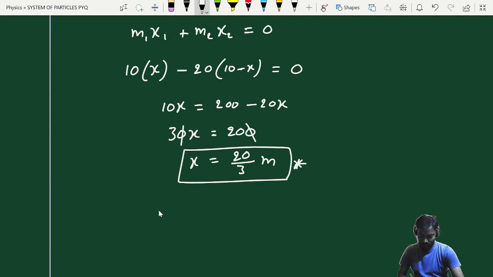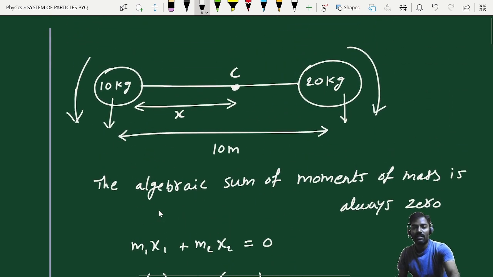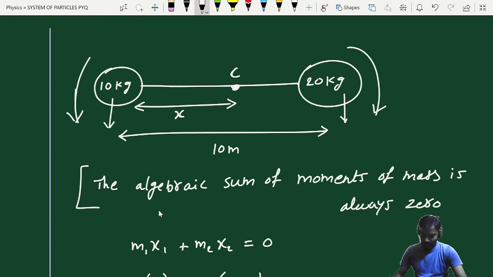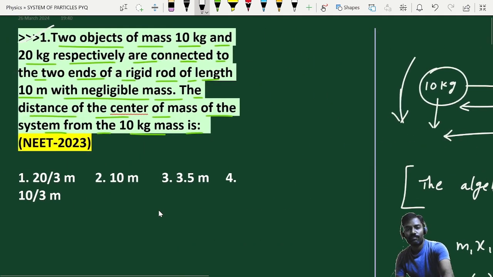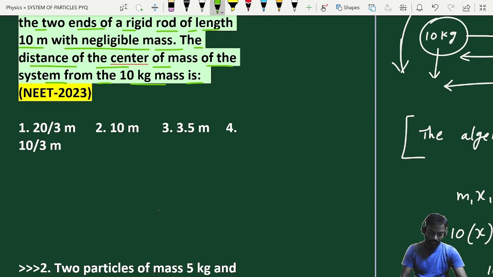So this is the position of center of mass from the 10 kg block. So the keyword here is, we can utilize this logic that the algebraic sum of the moments of mass is always 0. So option number 1 is suitable.